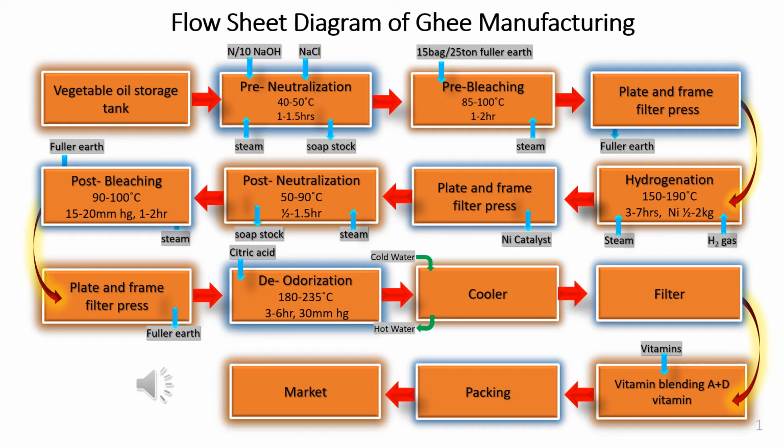After filtering the oil in the plate and frame filter press, we go to our next section. In the plate and frame filter press, we remove the fuller earth which we used in the pre-bleaching section. So now in this step, the fuller earth is removed.